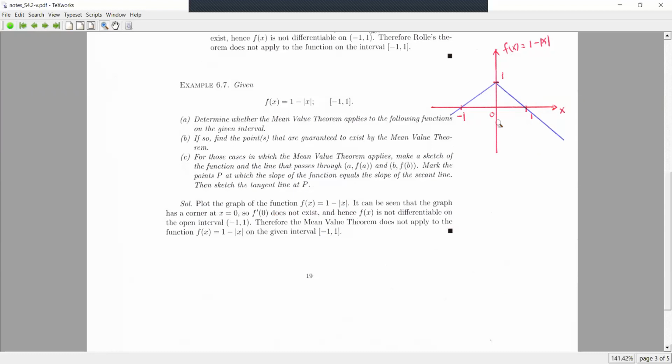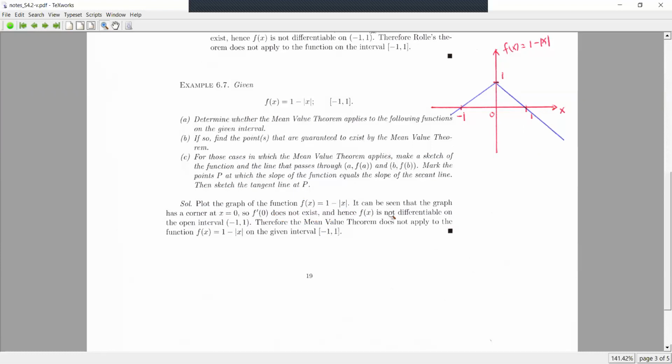I can see that when x is 0, the graph has a corner. At the corner, there is no derivative, so the derivative of the function at 0 doesn't exist.